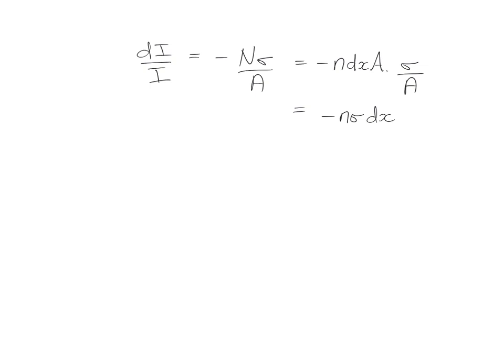Now if we take the limit where dx tends to 0, we can turn this into a differential equation, of course. So our equation becomes dI over I is equal to minus n sigma dx.